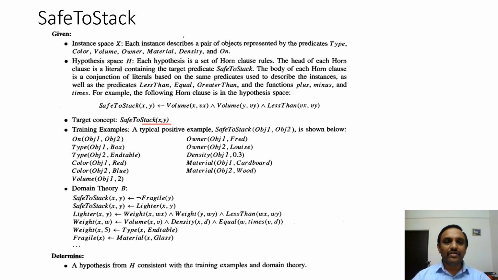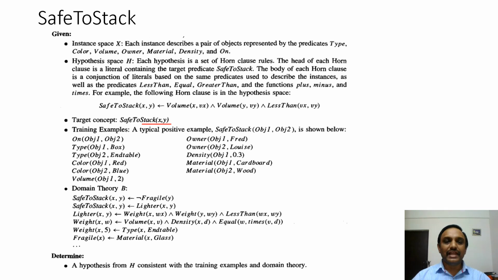Here we are providing an instance space and hypothesis space. In the instance space, each instance describes a pair of objects by predicates: what is the type of that one, what is the color of that one, and with which material that one is made, like that. Then the hypothesis space: here we use many predicates, such as less than, equal, greater than, and many functions, such as plus, minus, and times.